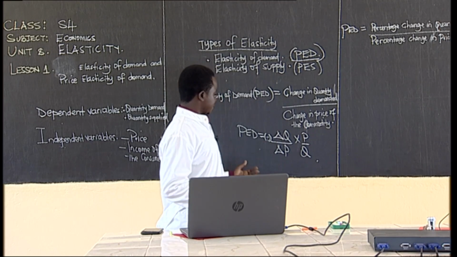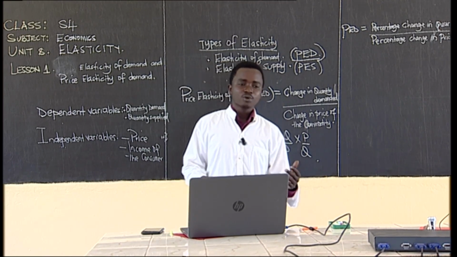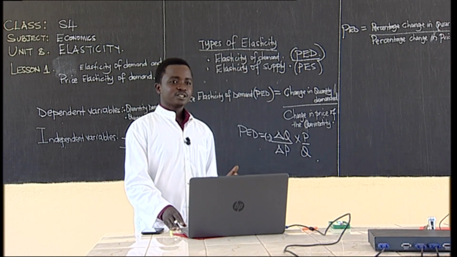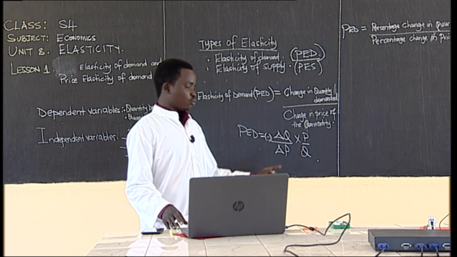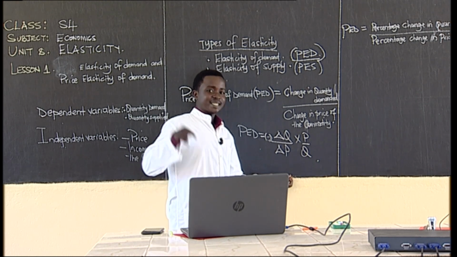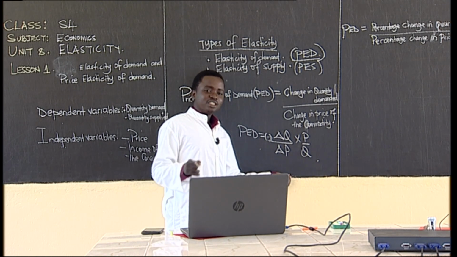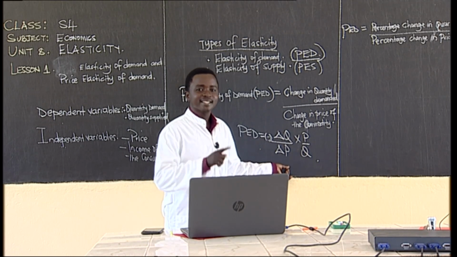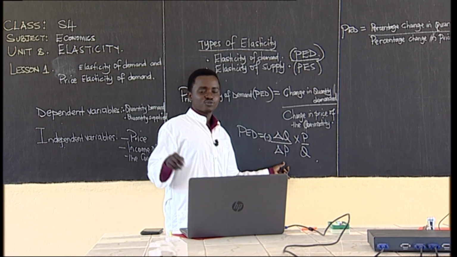So let us see now some examples of how we can calculate price elasticity of demand. We are going to see why we ignore a negative in the final answer. It's because we are interested in determining the degree, the magnitude of reaction, but not the direction of reaction.